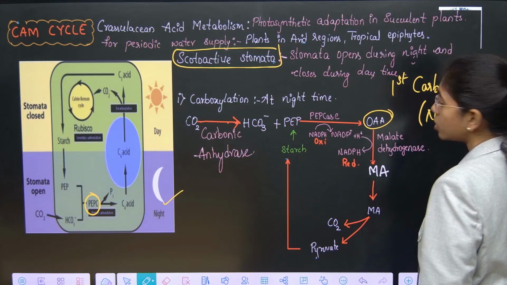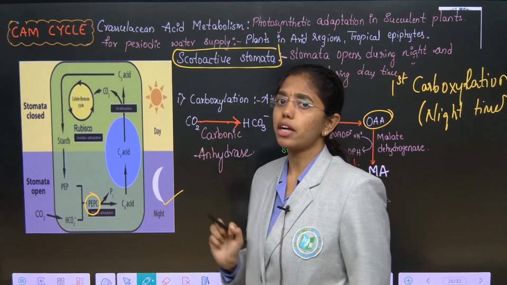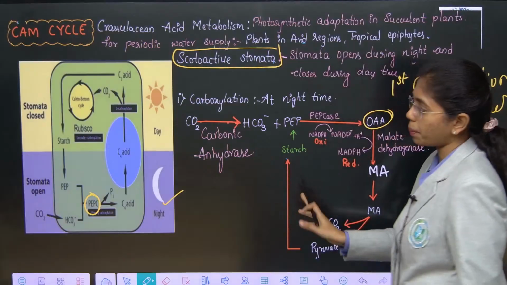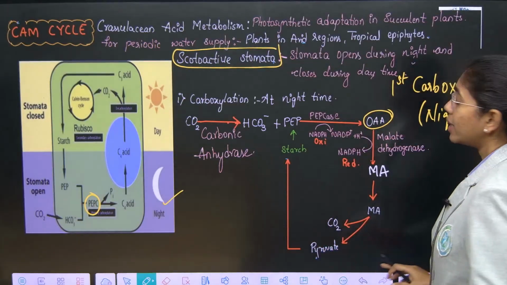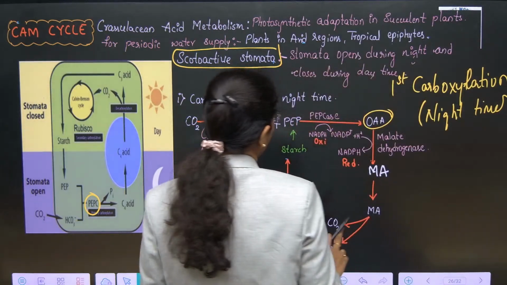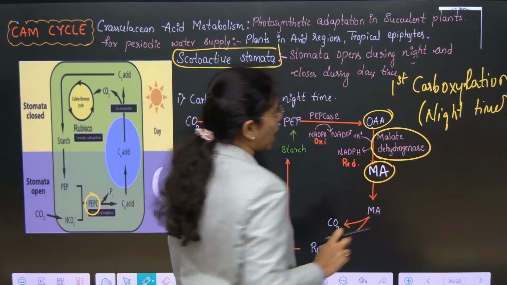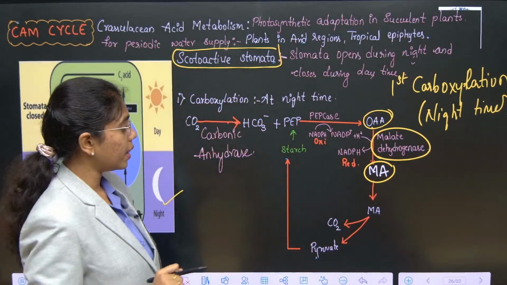The mechanism and energetics are the same as those of the C4 cycle, but here they are separated by time, that is it. There they are separated by space. Here, oxaloacetic acid will be converted to malic acid or aspartic acid by the enzyme malate dehydrogenase.